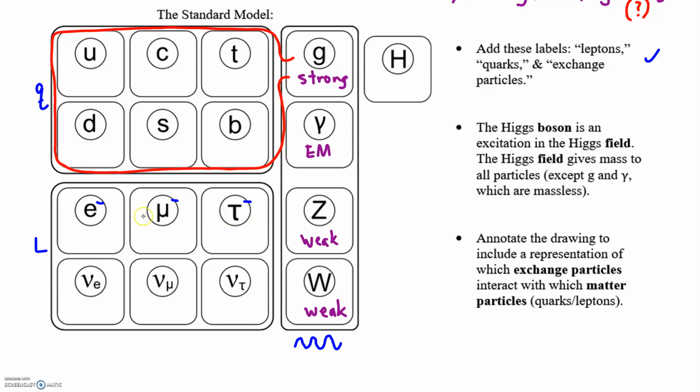They're all basically electrons, just heavier and heavier. And these all have charge, up and down quarks. So these are all affected by the electromagnetic force. Bosons are the most comprehensive. They act on everything.